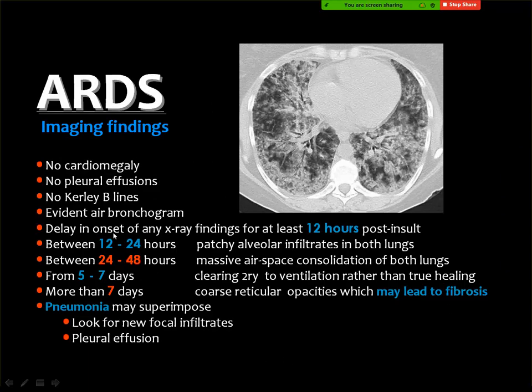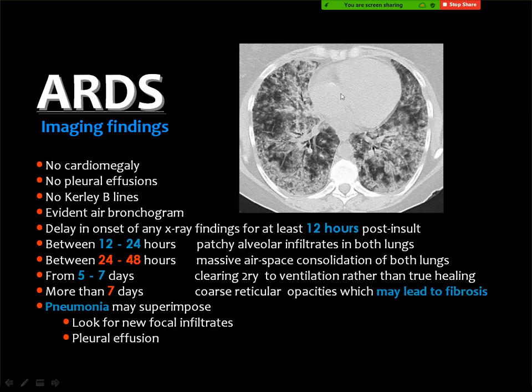Then there may be a delay of onset in the X-ray findings up to 12 hours. Between 12 and 24 hours, you got alveolar infiltrates. Within 2 days, you got massive space consolidation. Then because the patient is on ventilation, there may be some clearance of the opacities, not because of the clearance of the disease, but because of the ventilation.